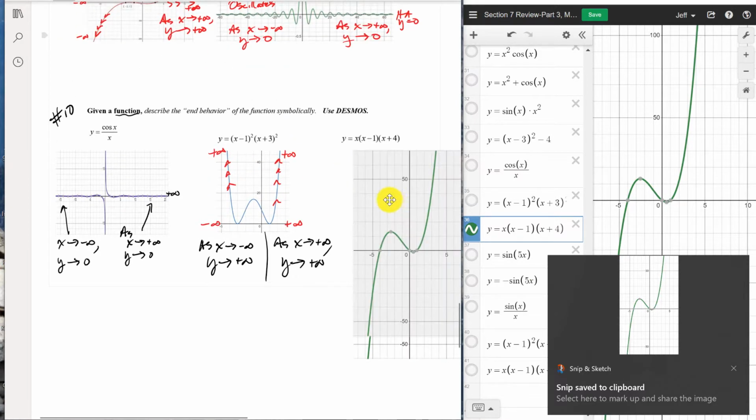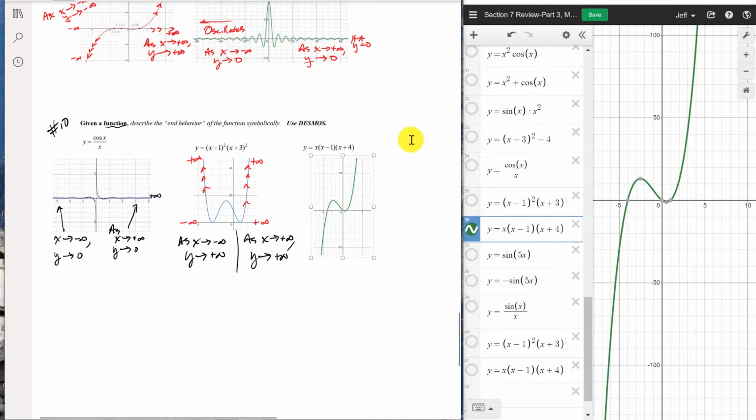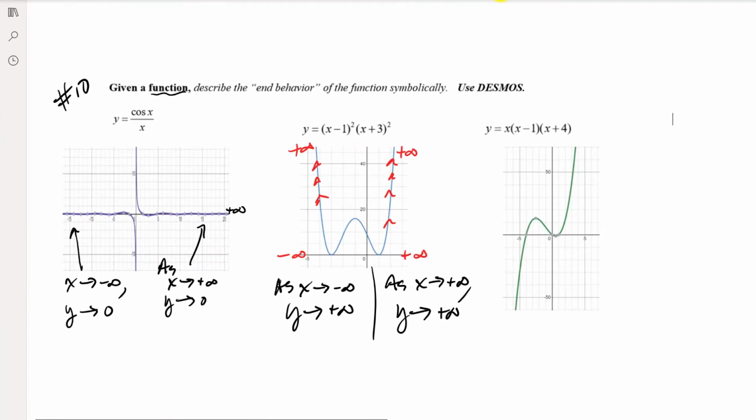So notice on this one, as you go to negative infinity here, so negative infinity on the left, the graph decreases without bound. So I can say that as x approaches negative infinity, y does the same thing, it approaches negative infinity.